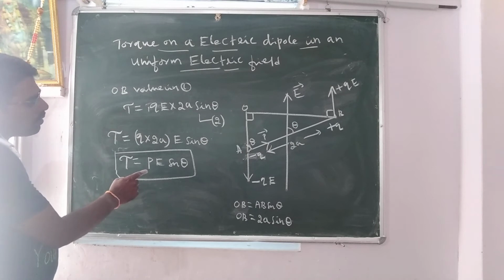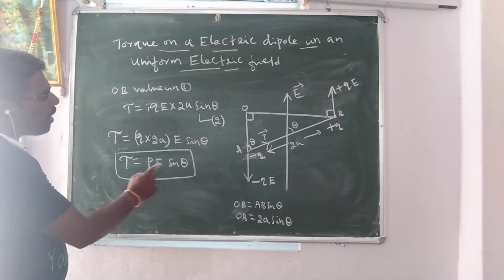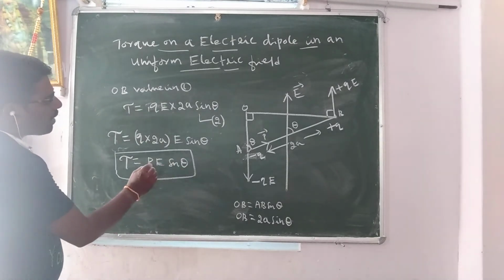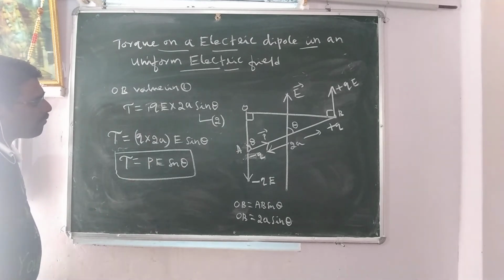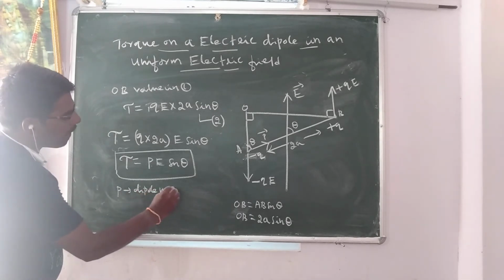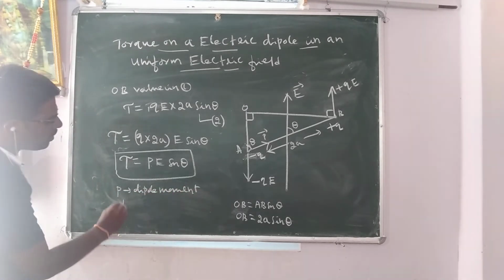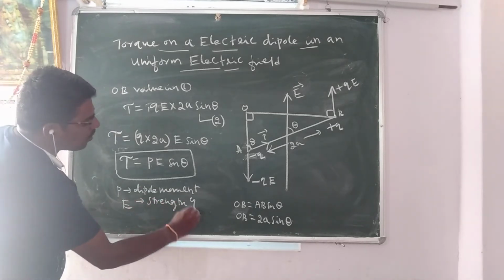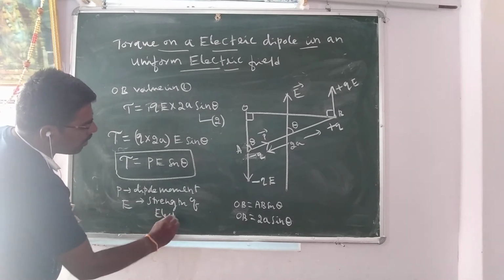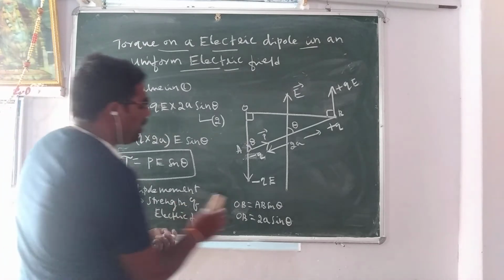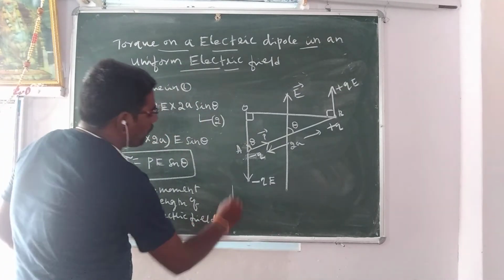P is the dipole moment of the dipole, E is the strength of the electric field, and theta is the angle between P and E.